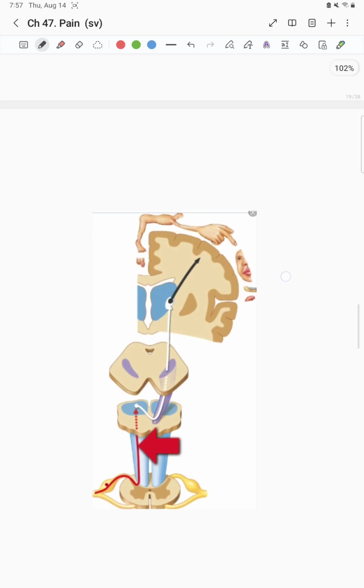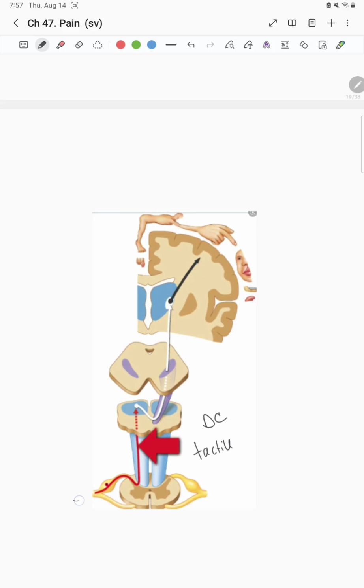Okay, these next several slides are just some diagrams to show you or remind you of the pain pathways to the brain. So this one is the dorsal columns, right? The fasciculus gracilis and fasciculus cuneatus, and these are responsible for tactile.